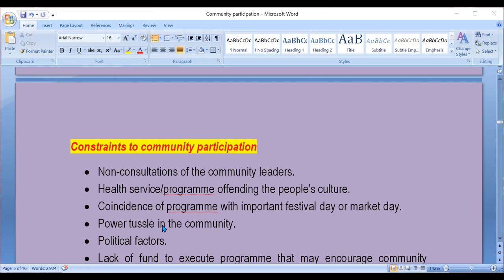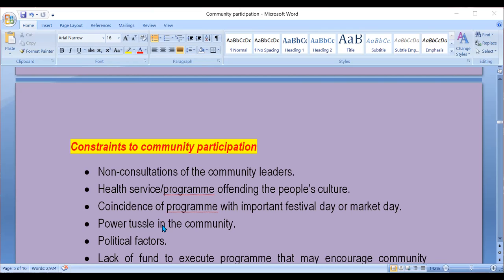The next is political factors. When we say political factors, it also has to do with the issue of leadership, where there is a lot of political affiliation. Let's say you, the health worker that is initiating the program, are a member of a particular party. Say you are an APC member, and the king, who is the community leader, is PDP. You are most likely going to have issues because it will be seen as politics.